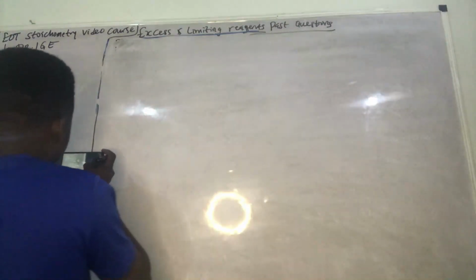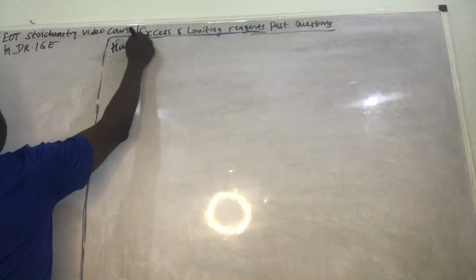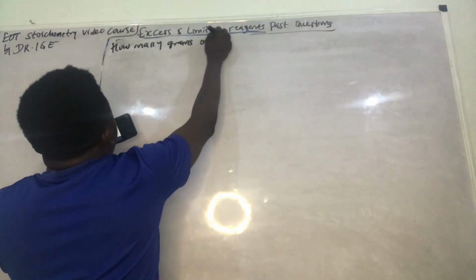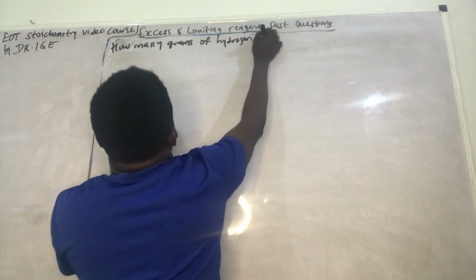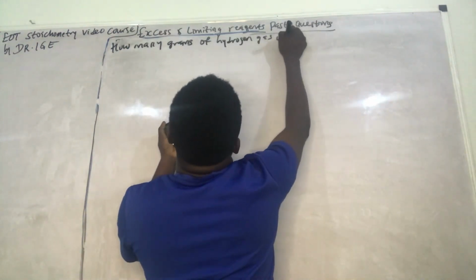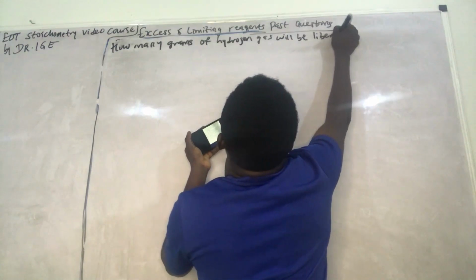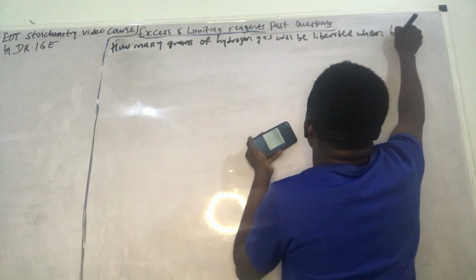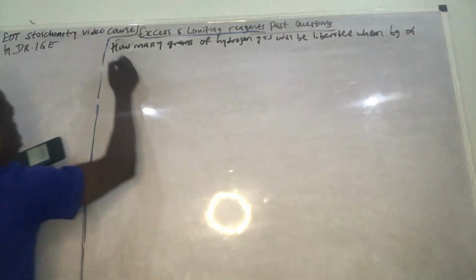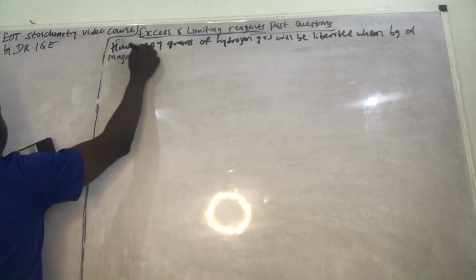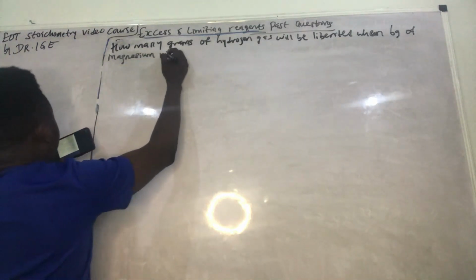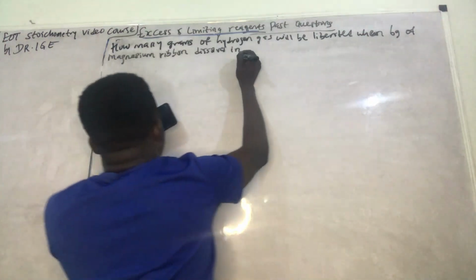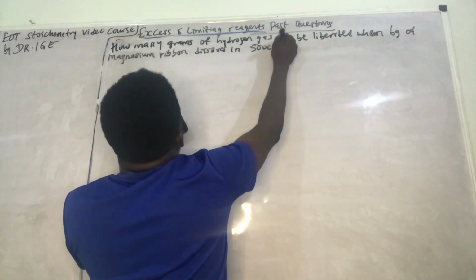The question says, how many grams of hydrogen gas will be liberated when 6 grams of magnesium ribbon dissolves in 500 cm3.